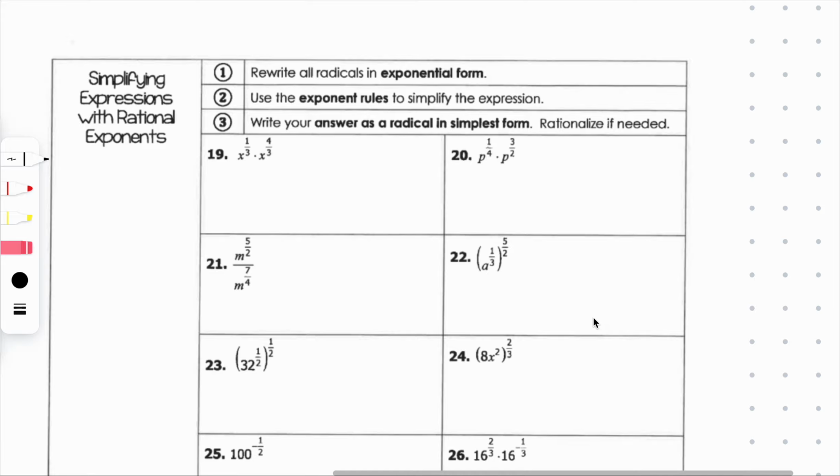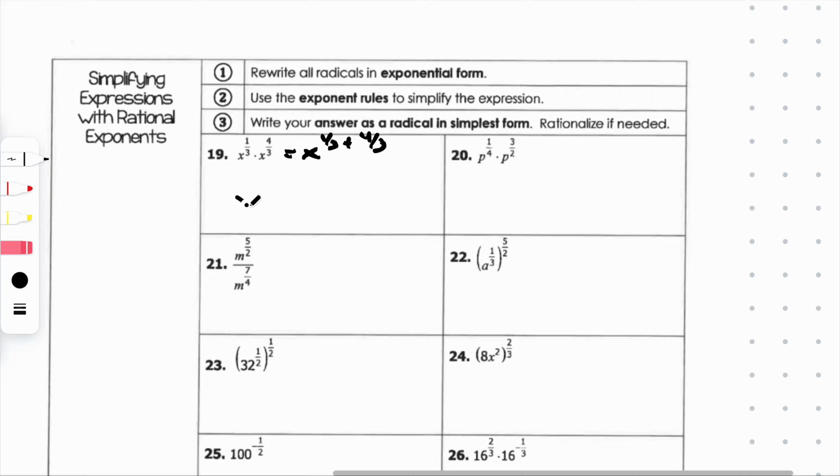So essentially, in number 19, we have x to the 1/3 times x to the 4/3. Our exponent rules tell us if we have the same base, x, and we're multiplying those, this is going to be equal to x to the 1/3 plus 4/3. Okay, 1/3 plus 4/3, we have the same denominator, so we just do 1 plus 4, which is equal to 5.